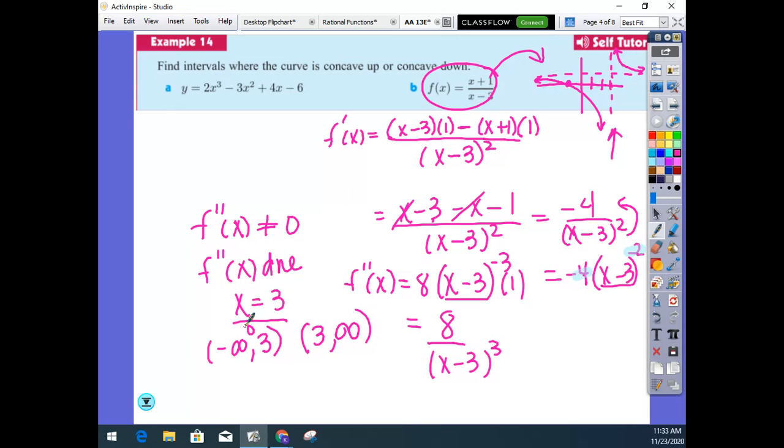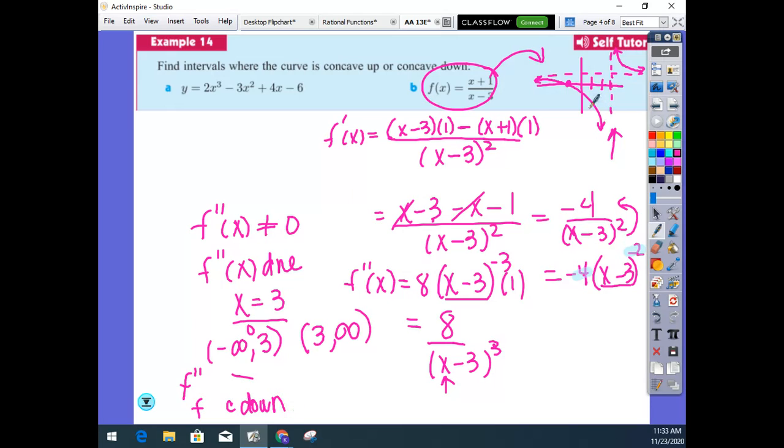So let's plug in 0 because 0 is always the best number to use. That's in this first interval. If I plug 0 back into the second derivative, I get -3 to the third, which is -27. That gives me a negative value, so f is concave down.